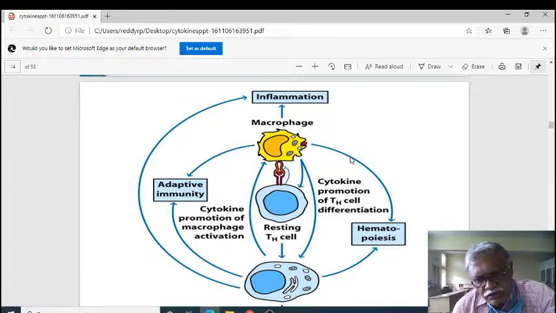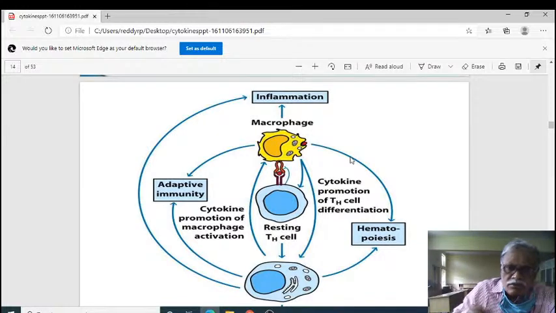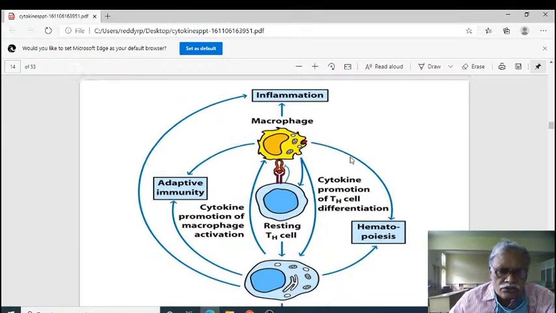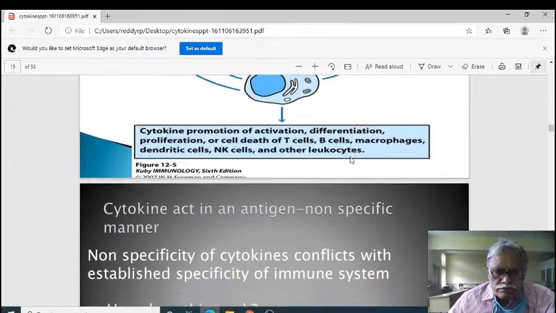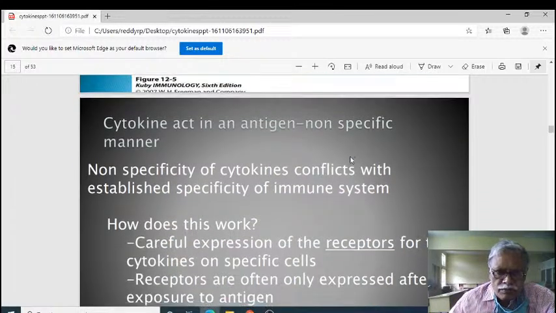These macrophages also come from hematopoiesis from the bone marrow, from stem cells. And the macrophages will synthesize the cytokine promotion by the help of T helper cell differentiation. So this is an inflammatory reaction that occurs due to cytokines.